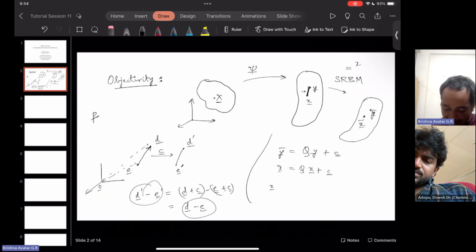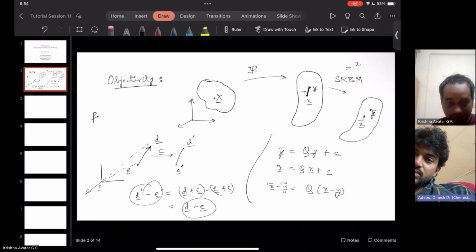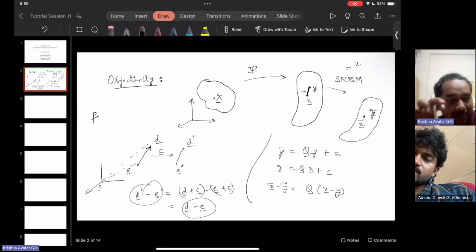X minus Y is equal to, C cancels out, you just have Q times X minus Y. So rotation only changes the material fiber vector. Pure translation doesn't change the material fiber vector.